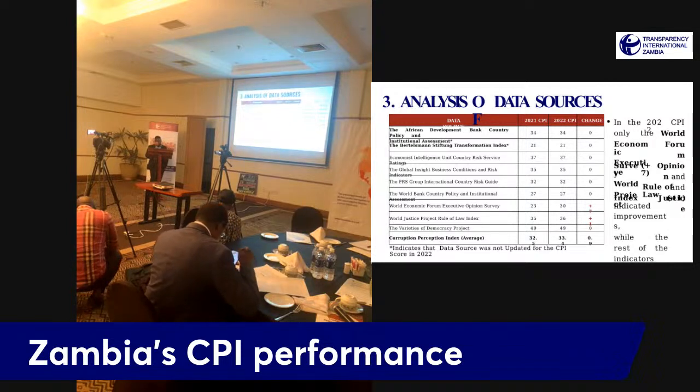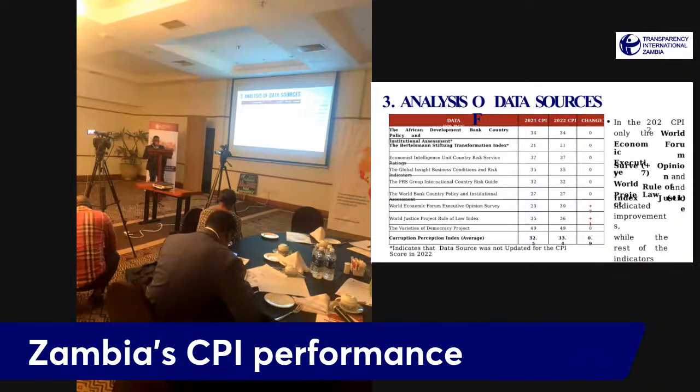These are the World Economic Forum Executive Opinion Survey and the World Justice Project Rule of Law Index. The rest of the data sources remained constant. So it's like your child has gotten grades, and if you compare with last term, all the other subjects are the same. Only 2 subjects have improved, okay? So obviously the average has ended up being constant, maintained.